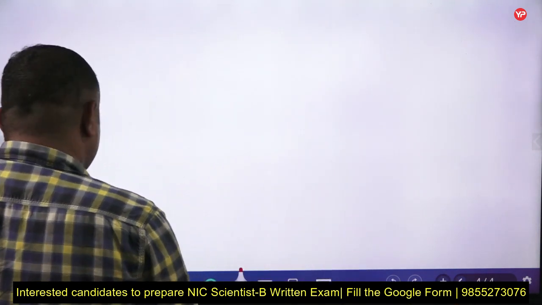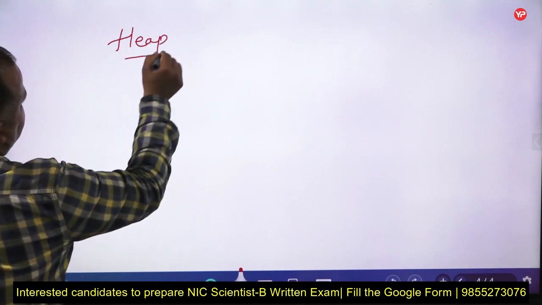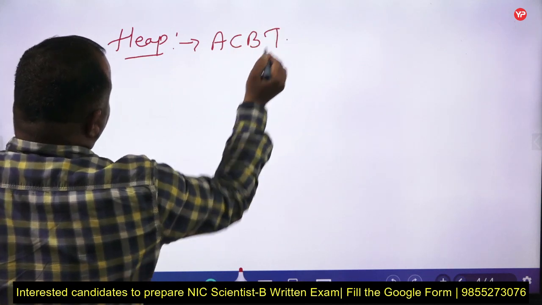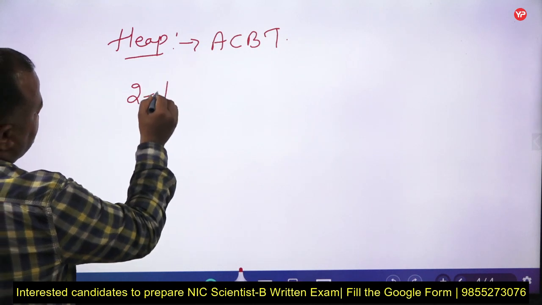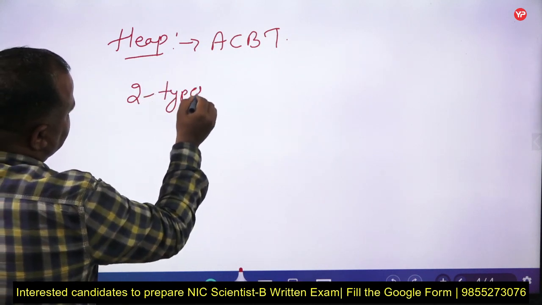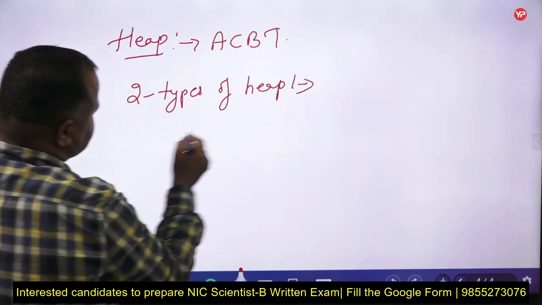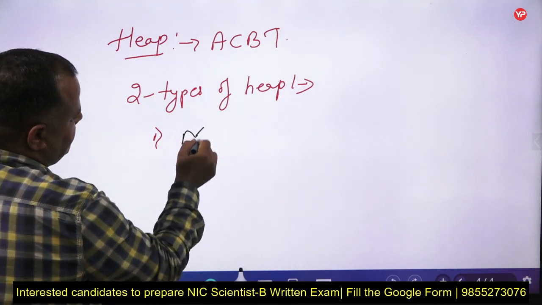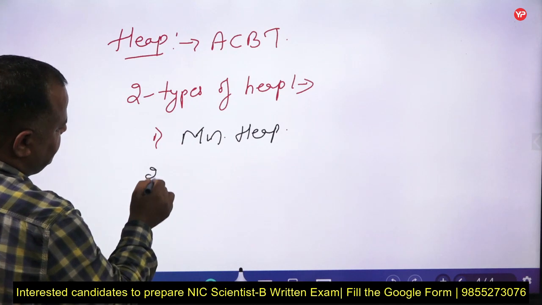Now what is a heap? If we talk about heap, a heap is an almost complete binary tree with some conditions. We have two types of heap. The first one is min heap and the second one is max heap.